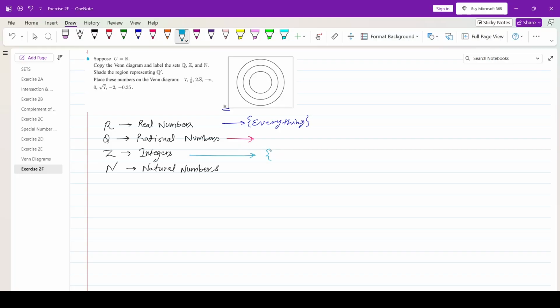Integers will be starting from negative infinity to -3, -2, -1, 0, 1, 2, 3, and so on till positive infinity.